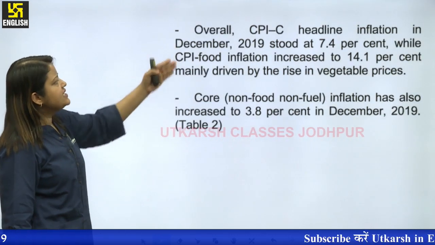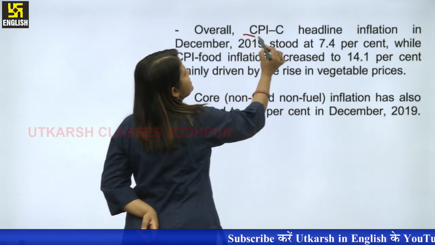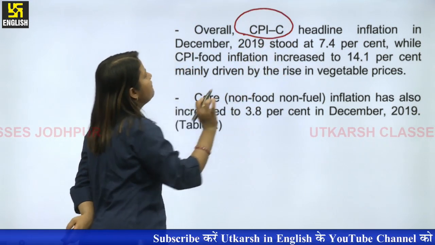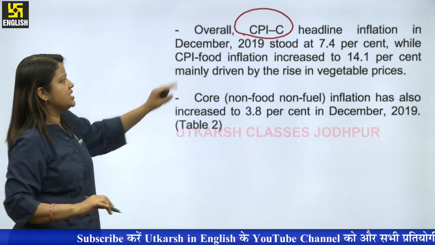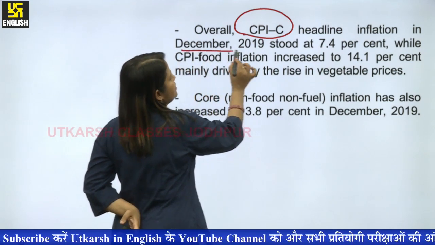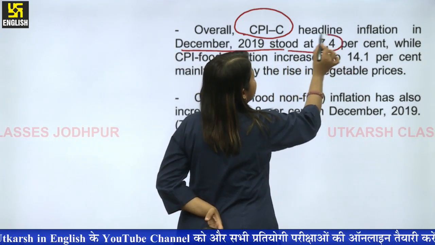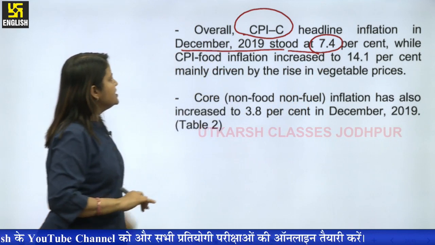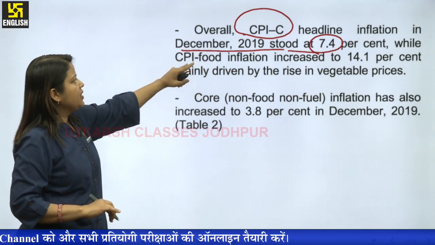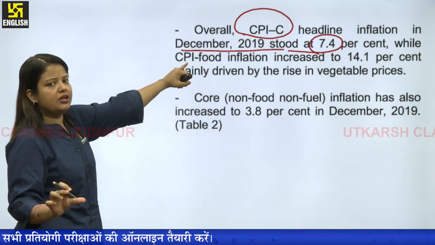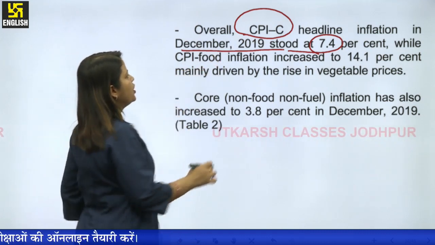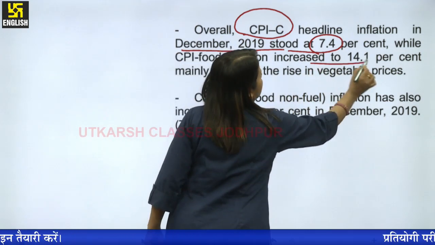CPIC means Consumer Price Index combined. Headline inflation in December 2019 stood at 7.4%, while CPIC food inflation, we are talking about only food inflation, increased to 14%.